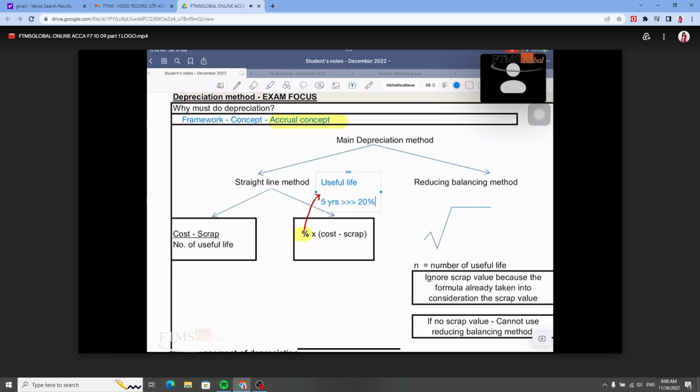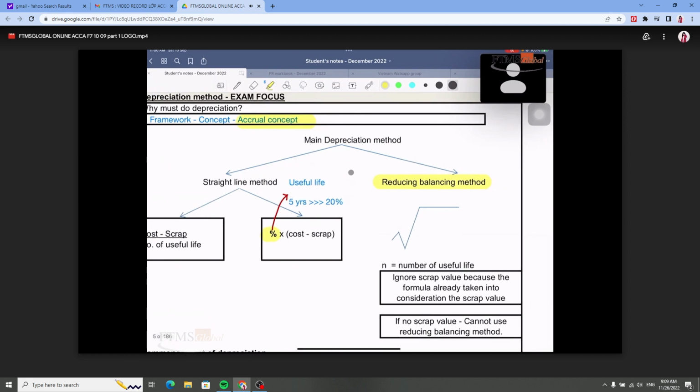But the thing I think most of you don't know is the reducing balance method. Where does the percentage come from for the reducing balance method? I guess you don't know. It comes from a formula. Of course you're not required to know the formula, but I have another reason to tell you about it.